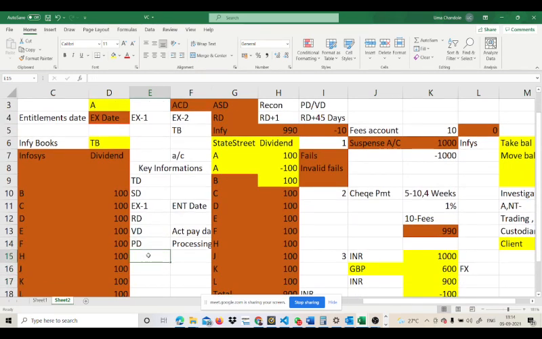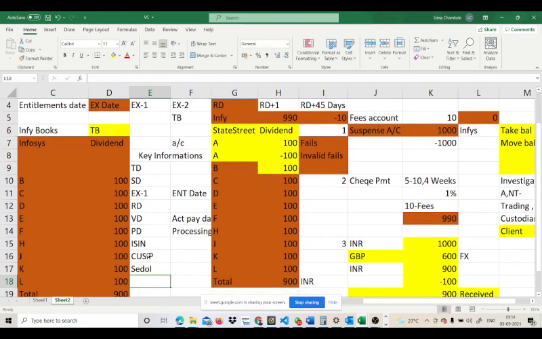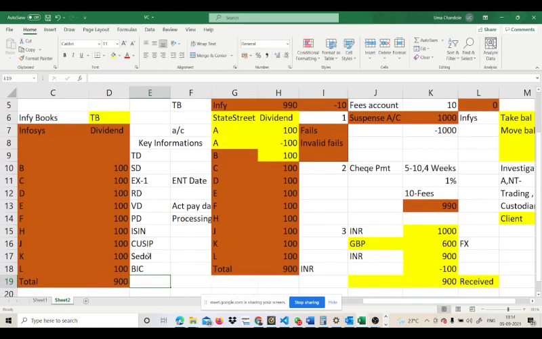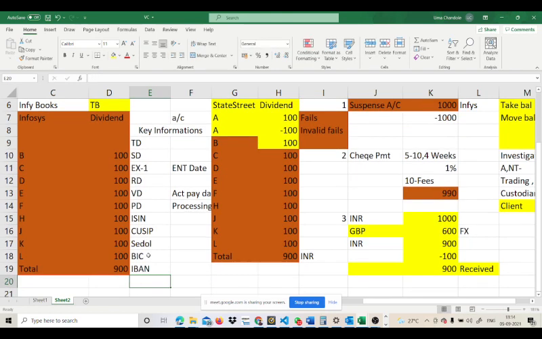Even apart from that, the key identifiers are also important, which are like ISIN, CUSIP, then SEDOL, then maybe the BIC code, IBAN, the corporate action IDs.